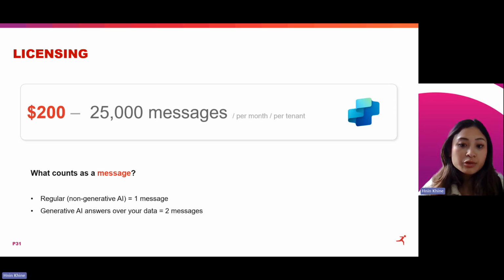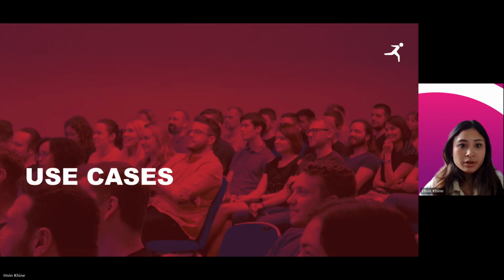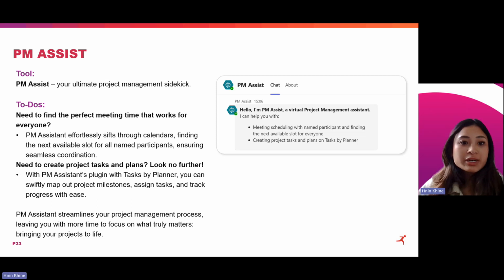Now we can move on to the final part of the session, which is the fun part, which is the use cases that we've built with Copilot Studio. The first use case that I wanted to mention is called PM Assist. PM Assist is ultimately your project management sidekick.